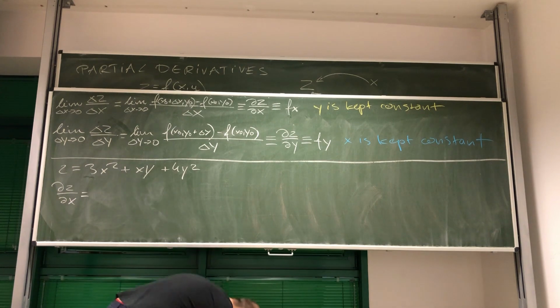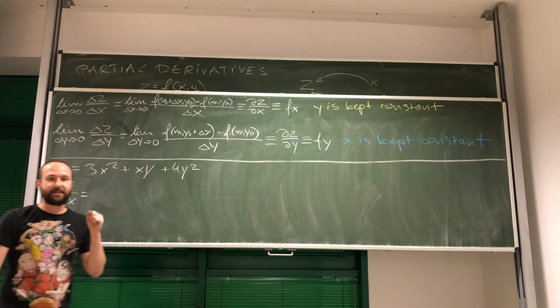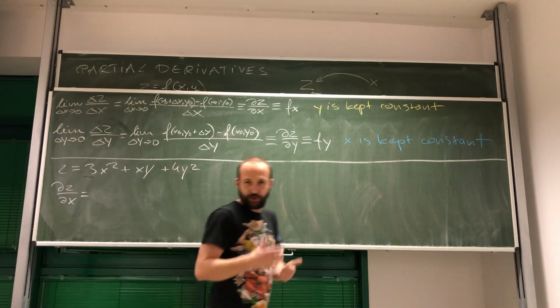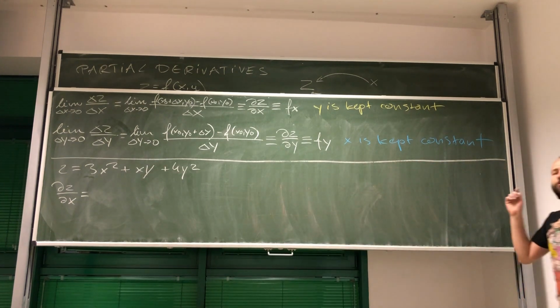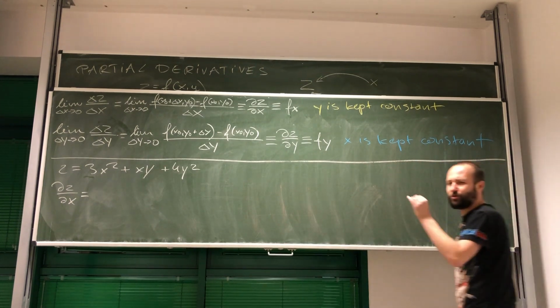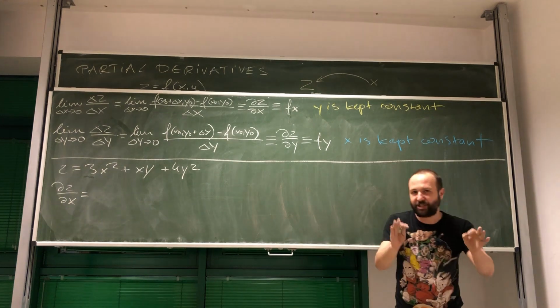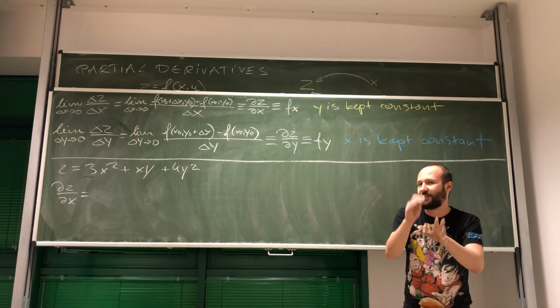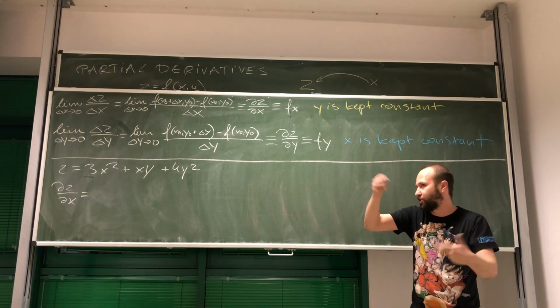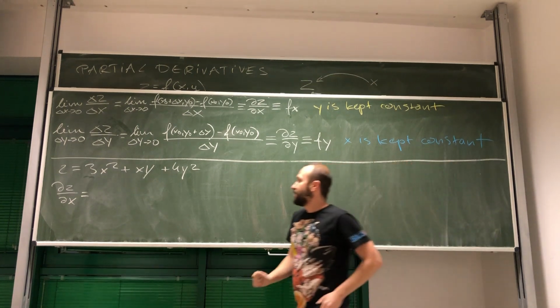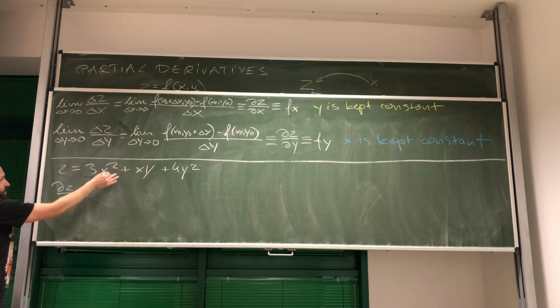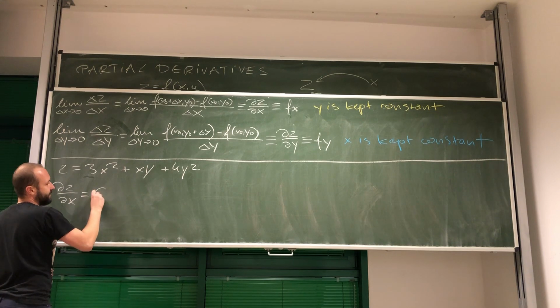Let's go component by component. Rules of differentiation are exactly the same as before with function of one variable, we just need to remember, when we differentiate with respect to x, we are imagining that y is a constant, that it's a number, like 7, 3, or square root of 5. So, out of this, we are getting just 6x.